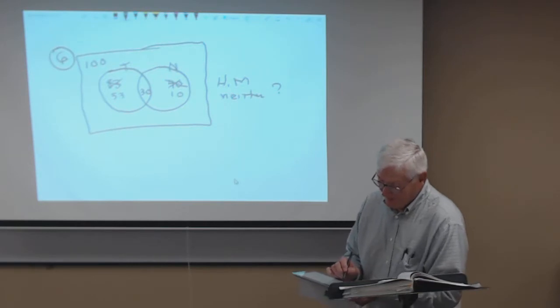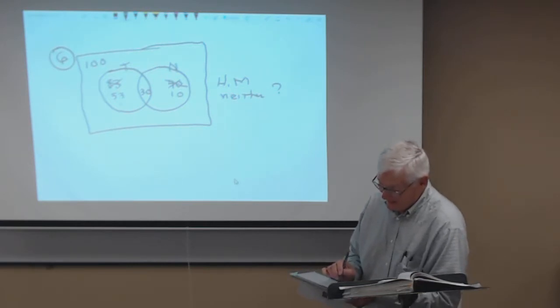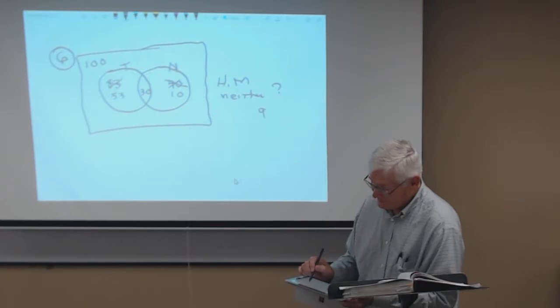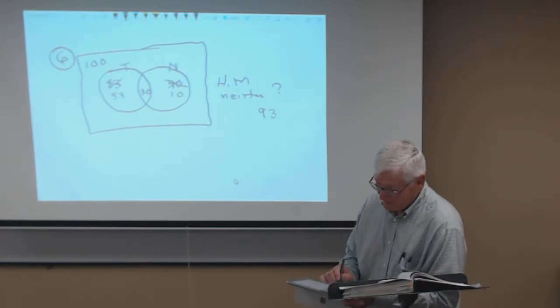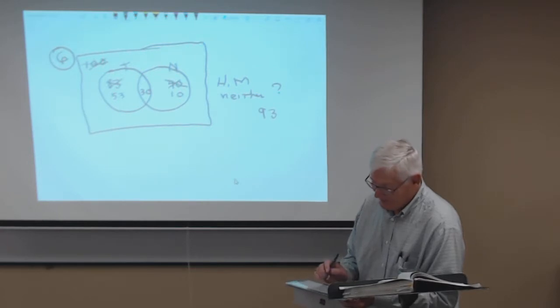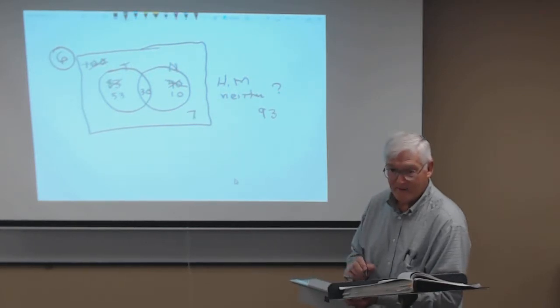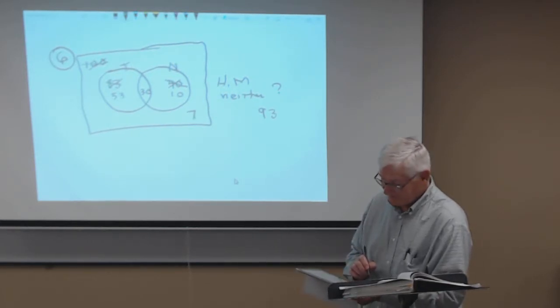Well, wait a minute. I had 100 families, but what do I have here? 53 and 30 and 10 come up to what? 93. So I have 100, but I've got 93 of them taking Time or Newsweek. How many are down here in the corner that are not taking anything? 7. Everybody see that? So how many neither? 7.